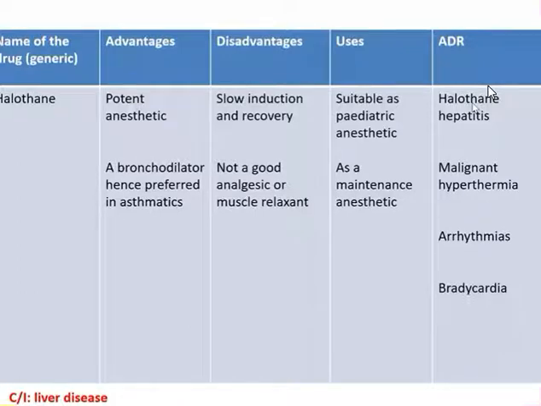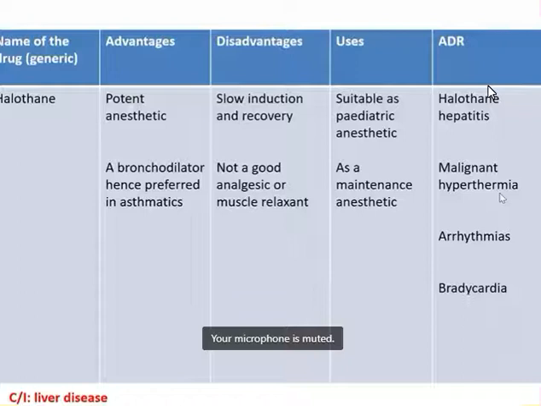You had a separate chapter in the GI block where you were taught about the hepatotoxic drugs, so you can just go and revise how halothane hepatitis is caused. Next, the main important thing you have to remember with halothane is that it is a potential drug for causing malignant hyperthermia. This is the side effect that you must learn and know for halothane.